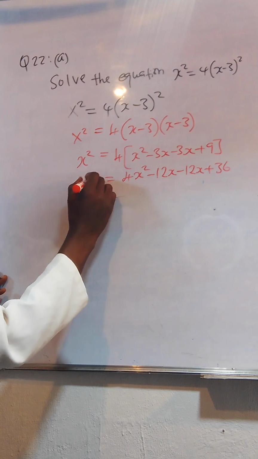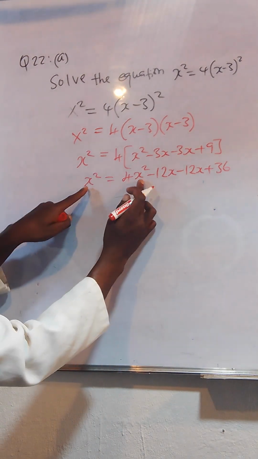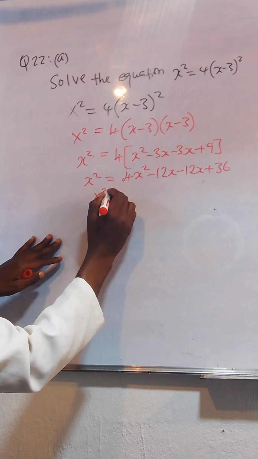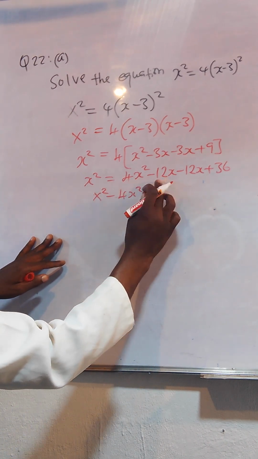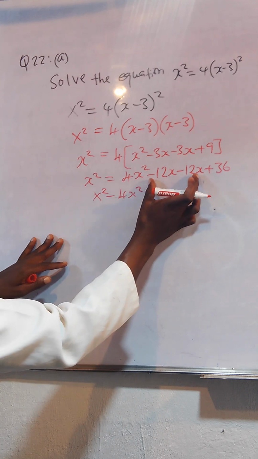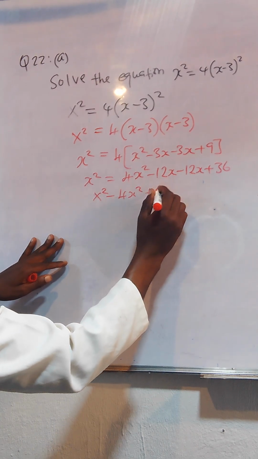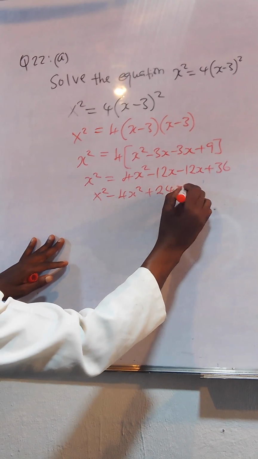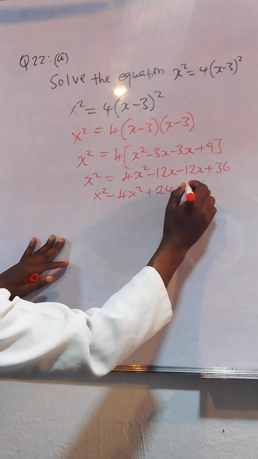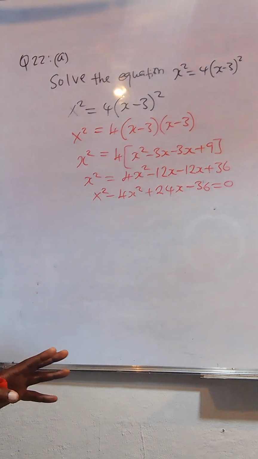Okay, and then what you're going to do now is collect the like terms. x squared minus 4x squared comes this side, and then this is a negative 24x. Once it comes this side, it's going to be this, 24x, and then this comes this side, minus 36, equals, everything now equals 0.